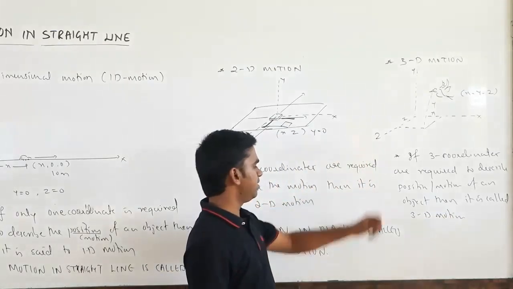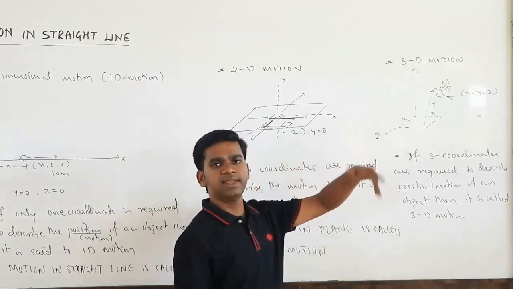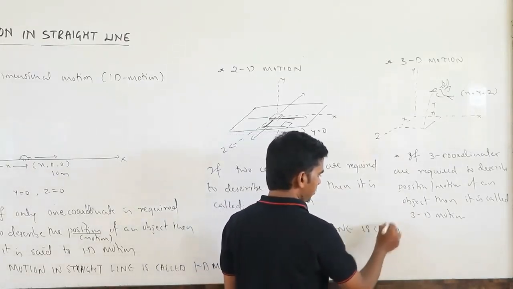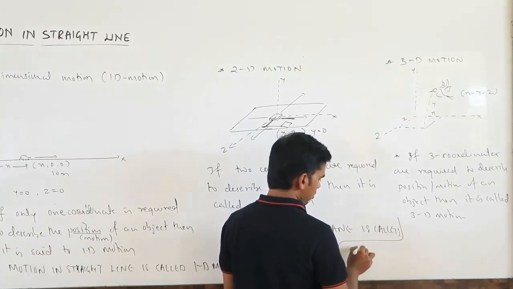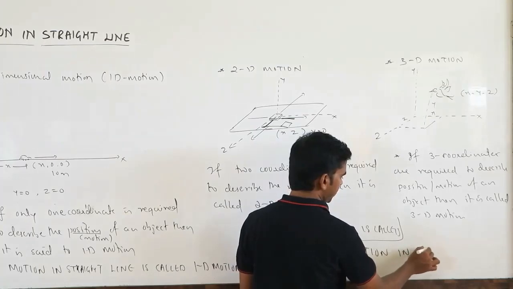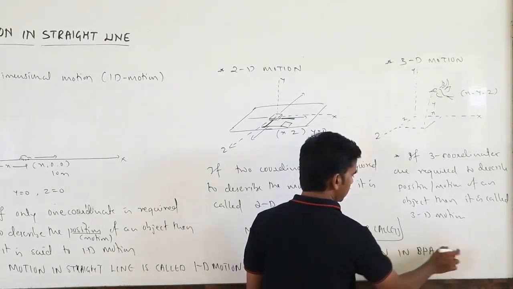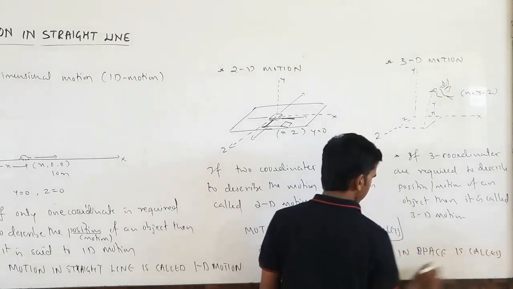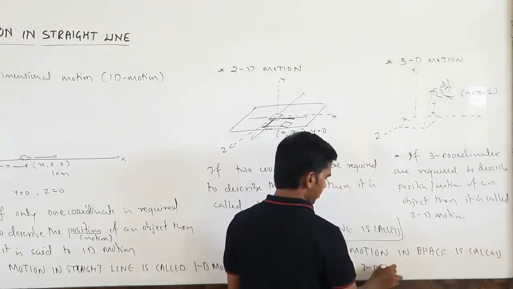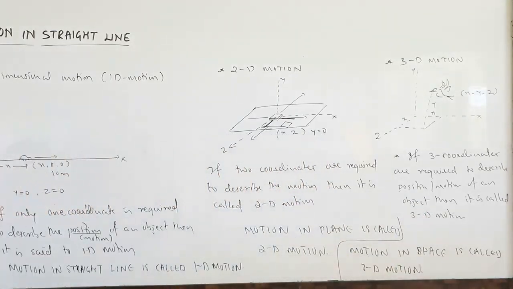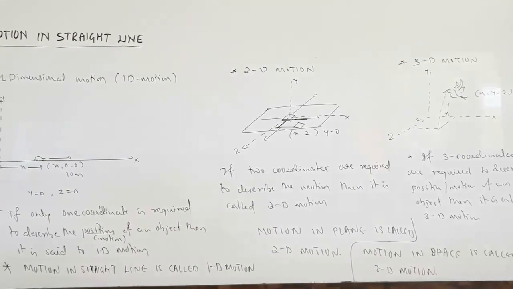Or if you want a simple definition, where the bird is flying in space, simply write: motion in space is called three-dimensional motion or 3D motion. I hope you understood what one-dimensional motion, two-dimensional motion, and three-dimensional motion are. Okay.